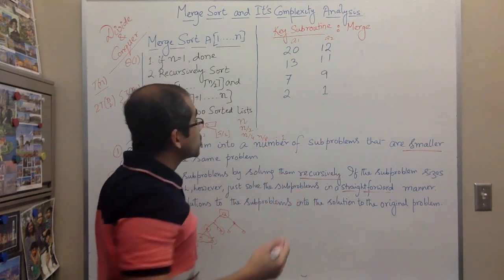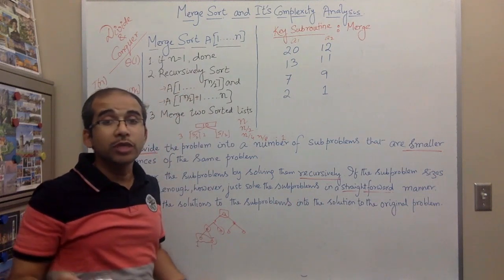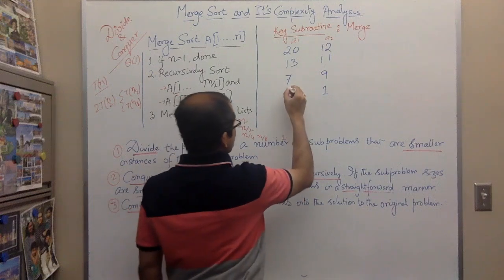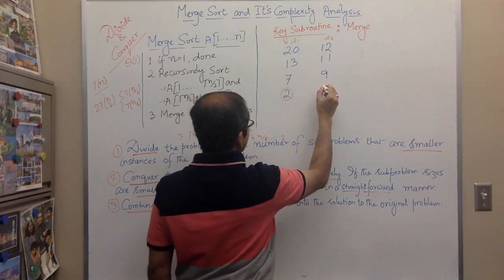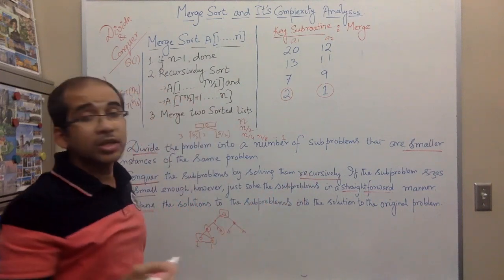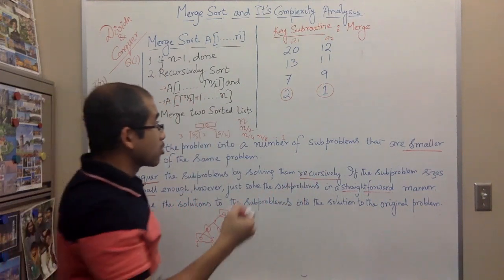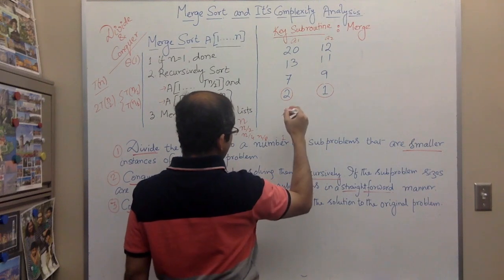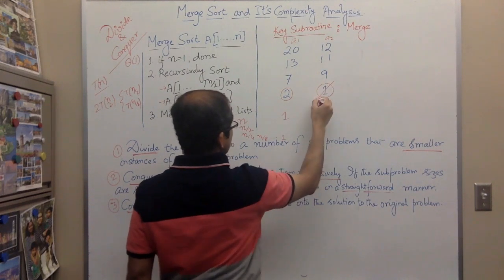When we merge them, the merged list should be the sorted list. How do we do that? It's a very simple procedure. We check the heads of the queues, and whichever is the smallest one, we take it out and write it at a place. Among these two, 1 is the smallest, so we write 1 and strike it out.